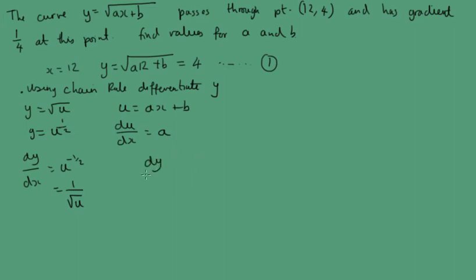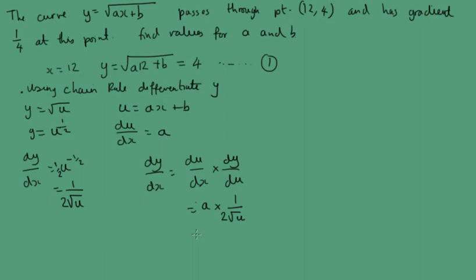So dy by dx equals du by dx times dy by du. So we have du by dx is a times 1 over, oh sorry, we've not taken the half down here. So I have a half here, that's 2, 1 over root u and the 2 here.